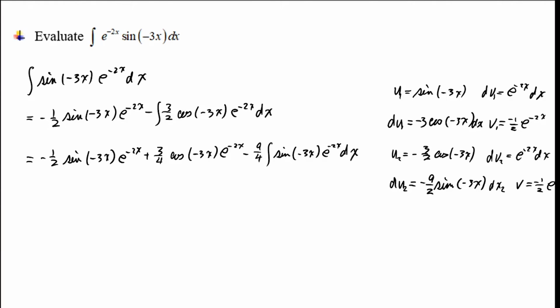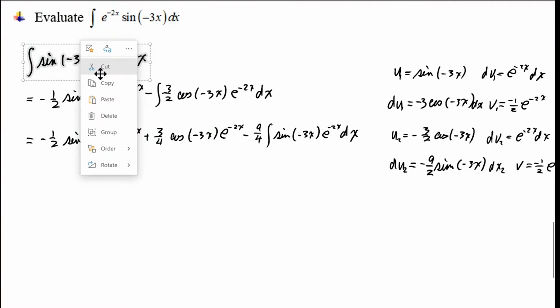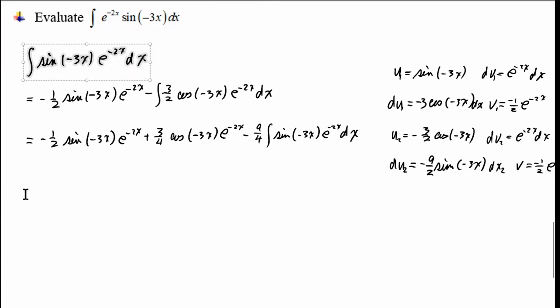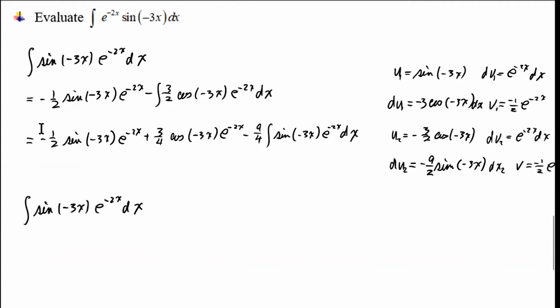Let's just look at it. This whole thing is equal to this whole thing. Actually, I can do copy and paste. One nice thing about distance learning is I can do copy and paste. So copy, and I'm going to put it here, because I want you to take a look at this situation.